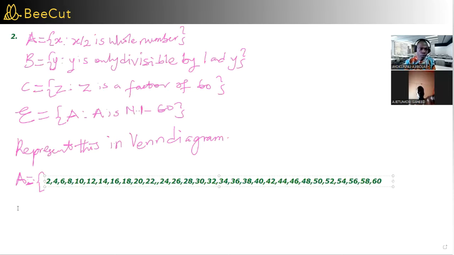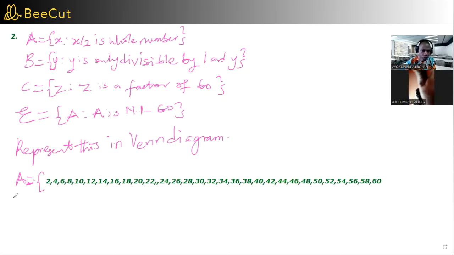And I need to represent B too. So B is a number such that it's divisible by 1 and itself. That means B is a prime number. So for B to be a prime number means, let me write that out now. So all the prime numbers between 1 and 60.